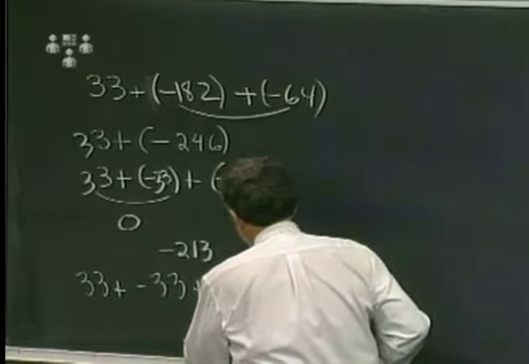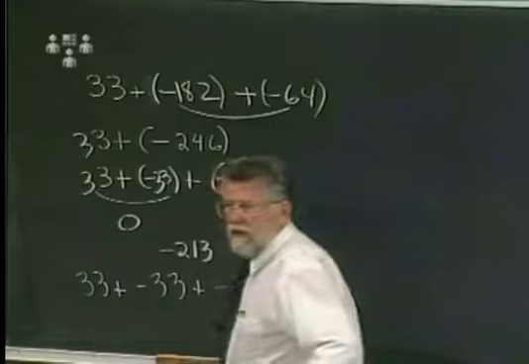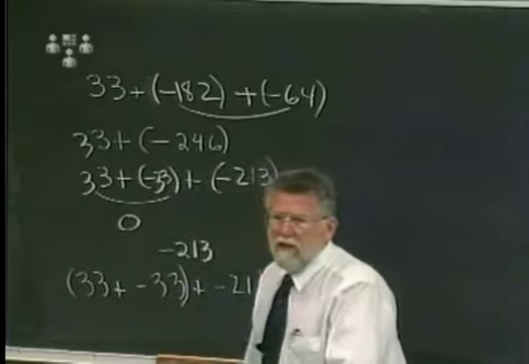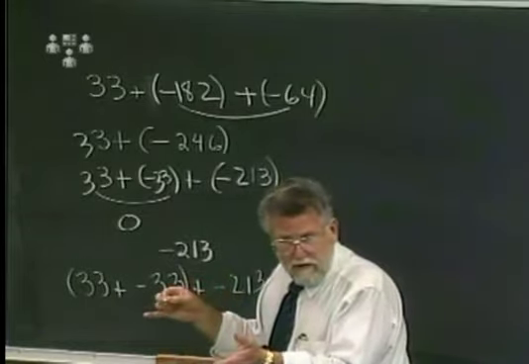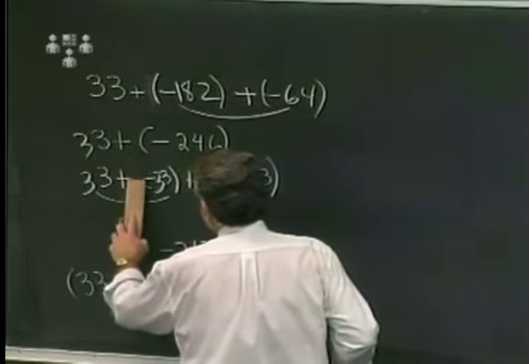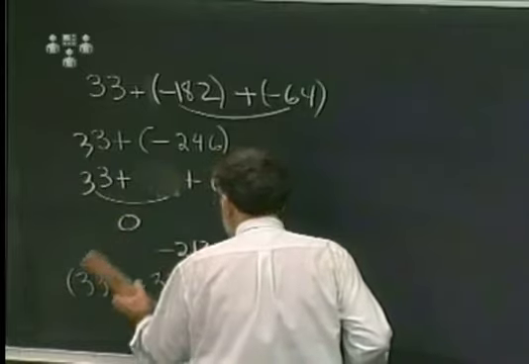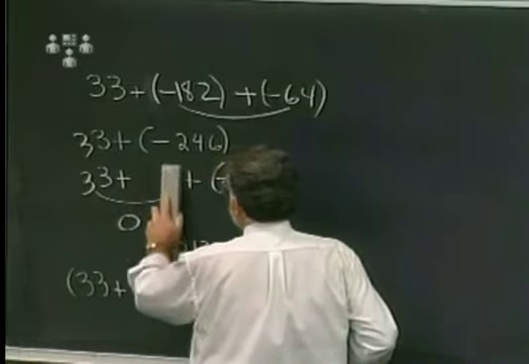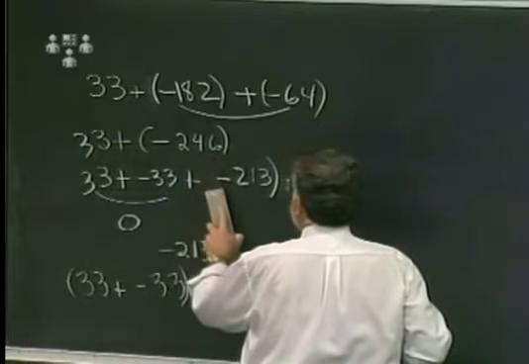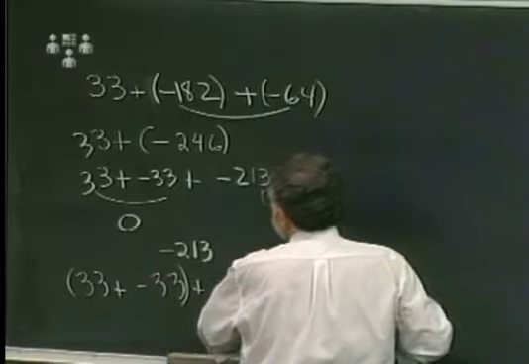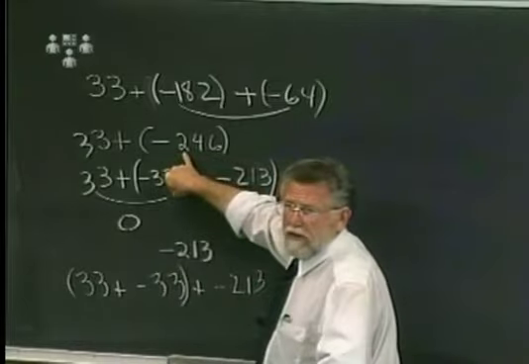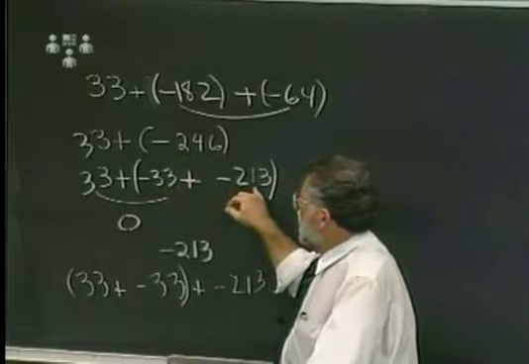And what I'm wanting for you to realize is that this is using the property of the inverse. That I add these two together now because the associative property says I can add the first two or the last two. So in a sense, right here, if I get rid of this, if that's cluttering up for you, and I get rid of this for the same reason for a moment, then you could think of, by substitution, I've taken the negative 246 and written it as negative 33 and this.